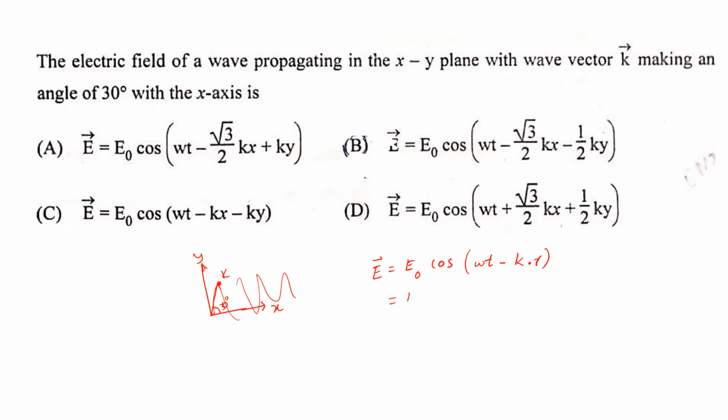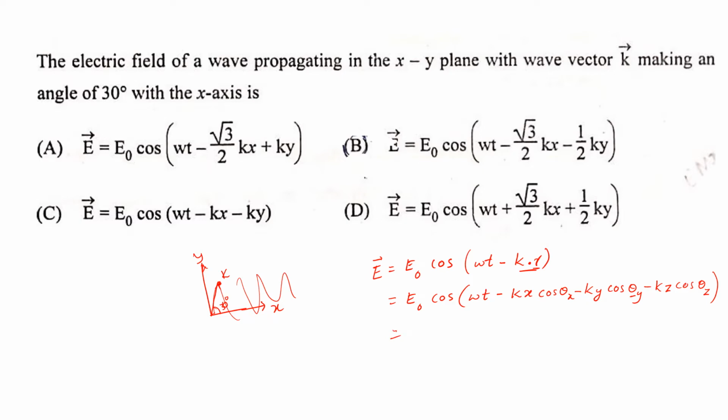So here it is E naught cos omega t minus, so expanding this, kx cos theta x minus ky cos theta y minus kz cos theta z, where theta x is the angle made by wave vector with x-axis and theta y is the angle made by wave vector with y, similarly theta z.